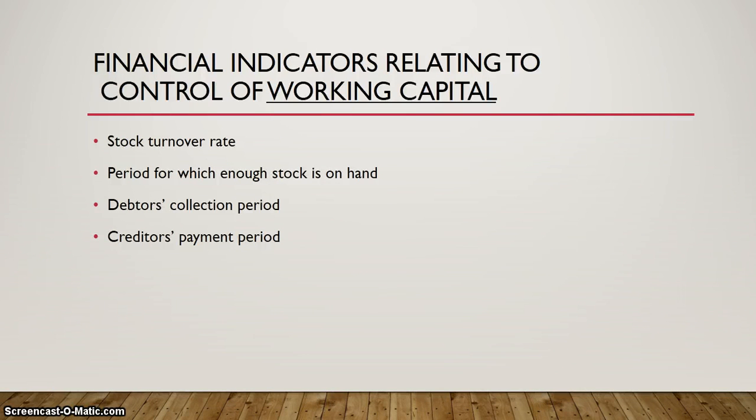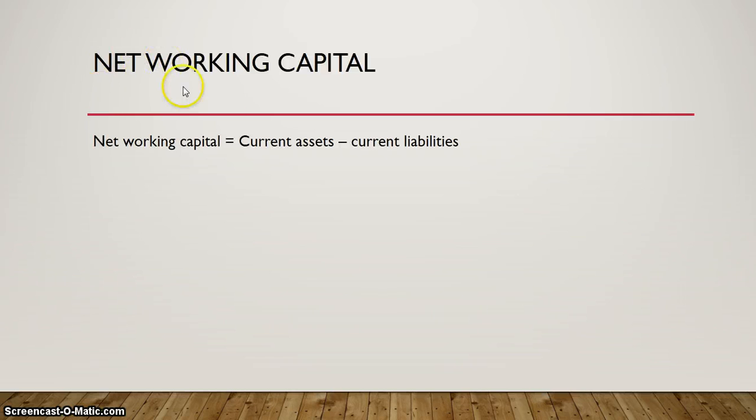There are a number of financial indicators relating to the control of my working capital. When you hear the word working capital, what I want you to think about is my stock, my debtors, and my creditors.